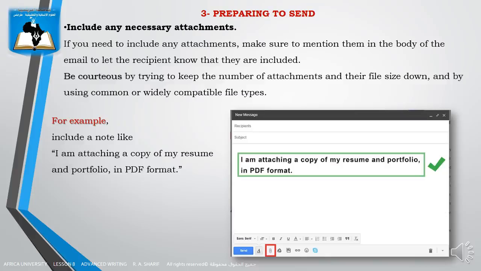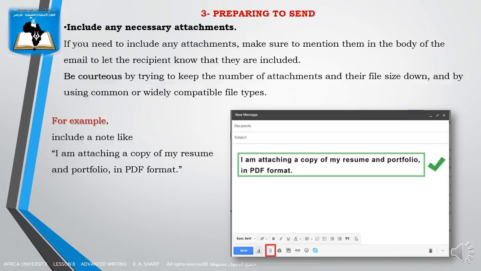So this is an example of how to say that: "I am attaching a copy of my resume," or "Please find attached a copy of my PDF file," or my passport copy file.